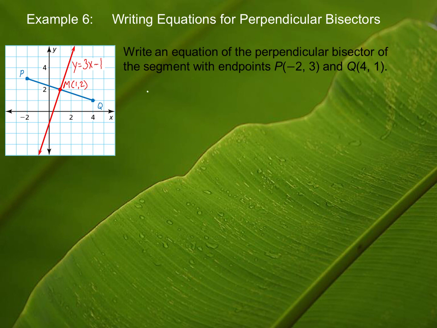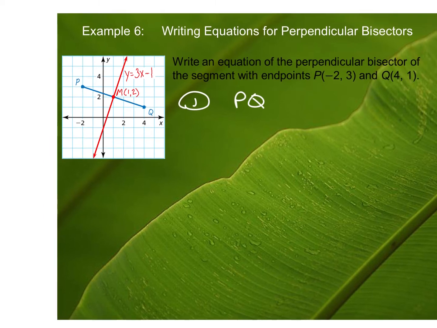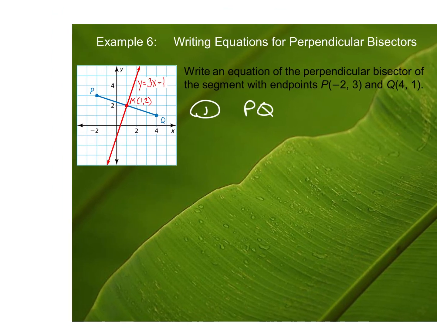So the first thing you're going to want to do is graph the segment PQ. Now, it's already graphed for you here. PQ is actually the blue segment here. So let me go ahead and add in these endpoints that are written here. Q is the endpoint (4, 1), and P is the endpoint (-2, 3).